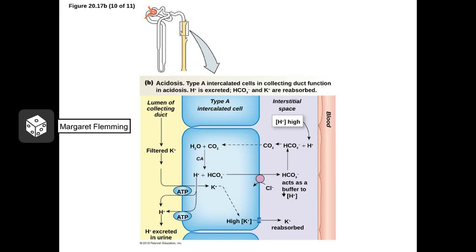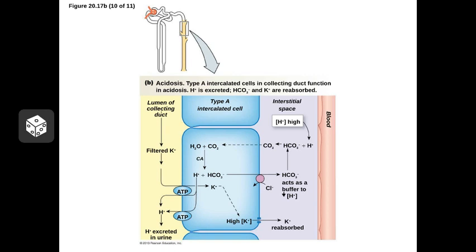I'm using this illustration to show you how else hydrogen can be eliminated from the body. This is from the other textbook. I just think it's more clear than the one in your textbook. There are unique cells found in the collecting duct that are called intercalated cells.